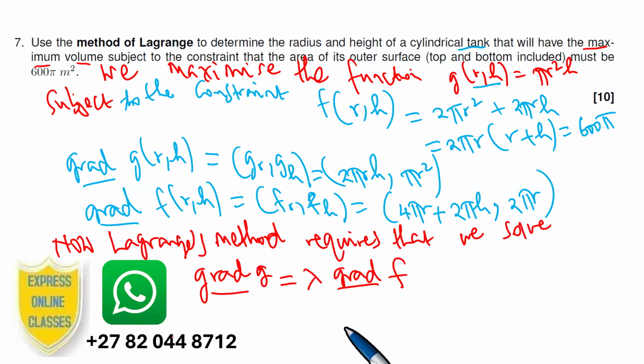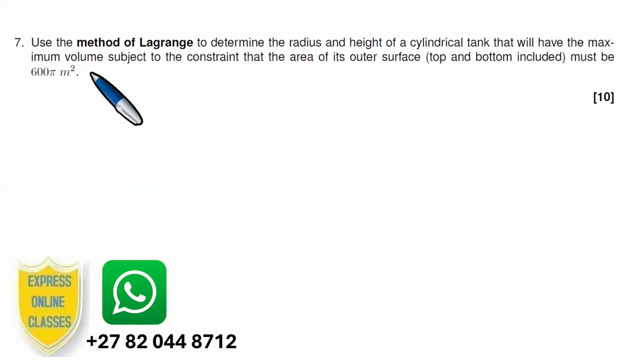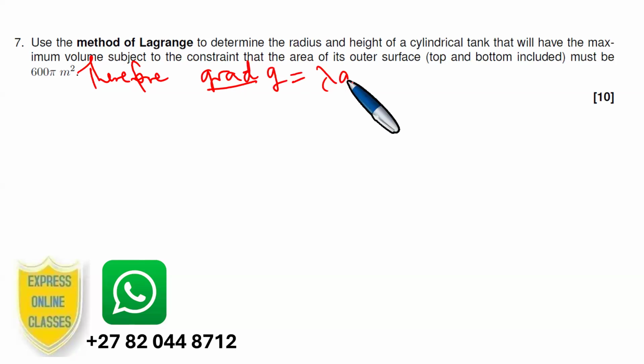Okay, this one is the method of Lagrange, because we want to optimize this: the gradient of G equals lambda times the gradient of F.